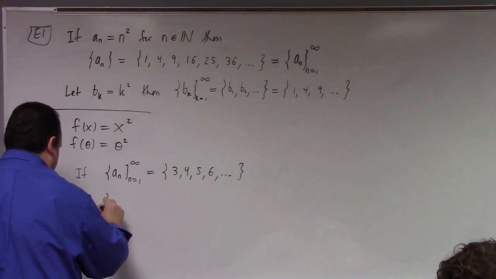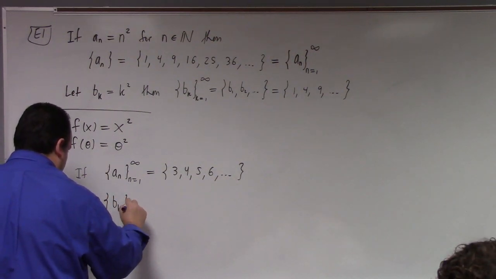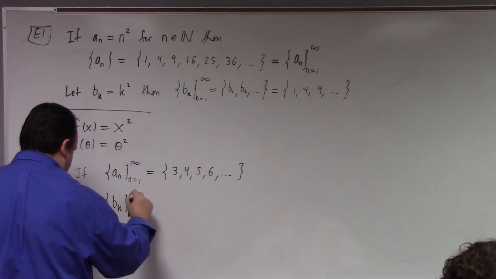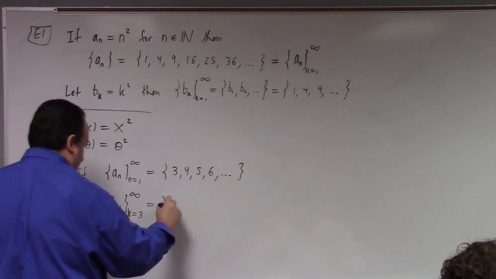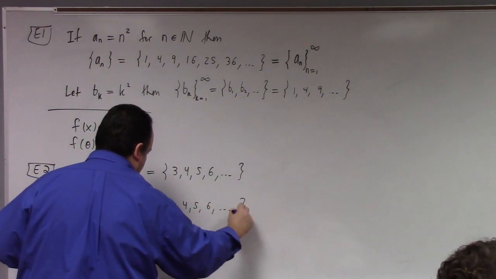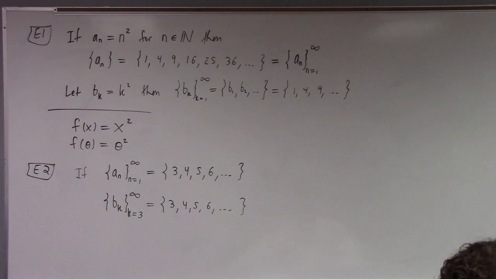On the other hand, I've got b sub k for k equals 3 to infinity equal to the same thing.